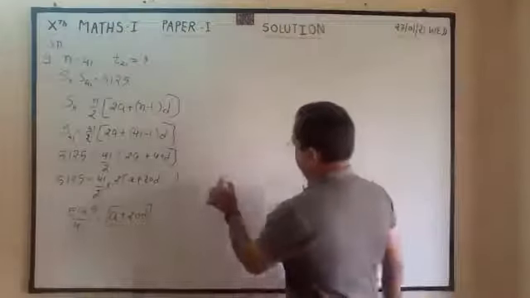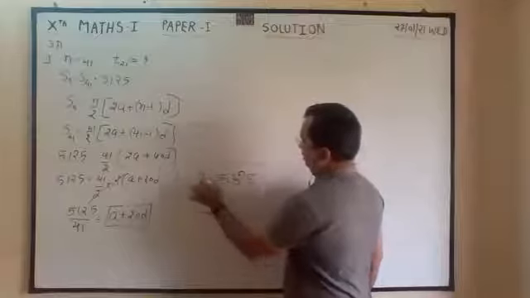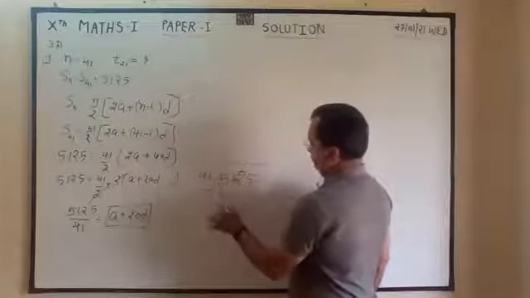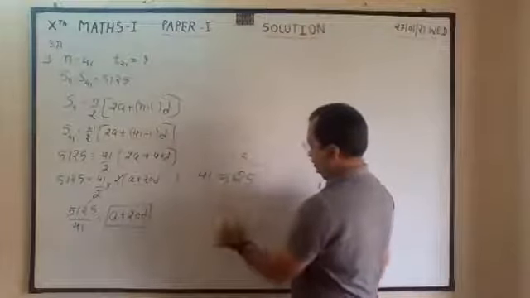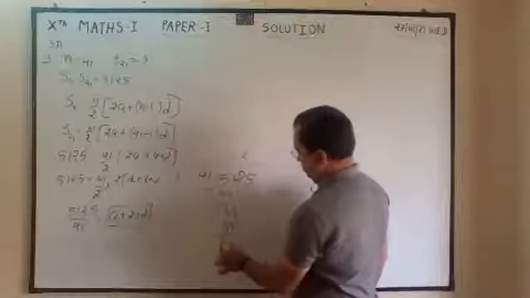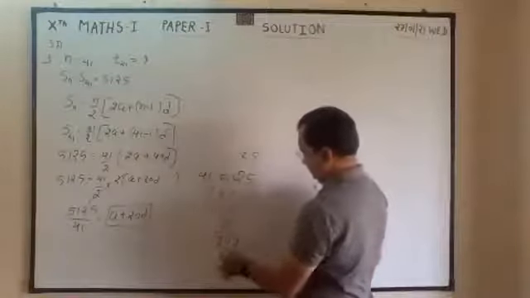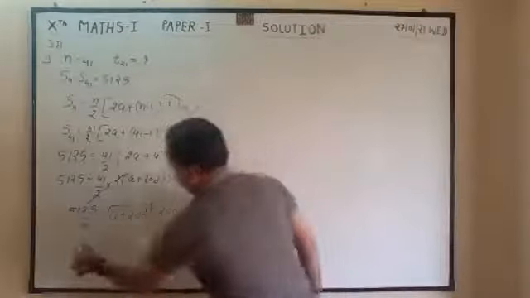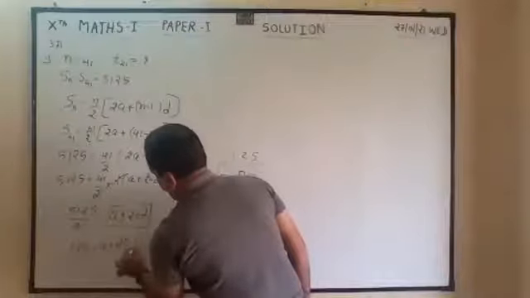Now find out the answer. 4125 divided by 41. 41 fives are 205, so it is 125 is equal to a plus 20d.